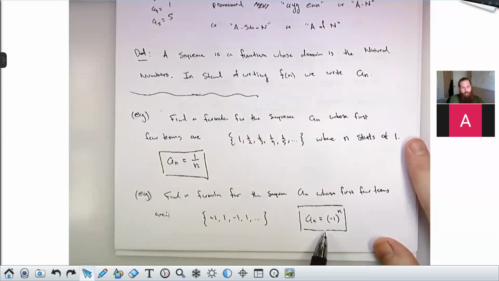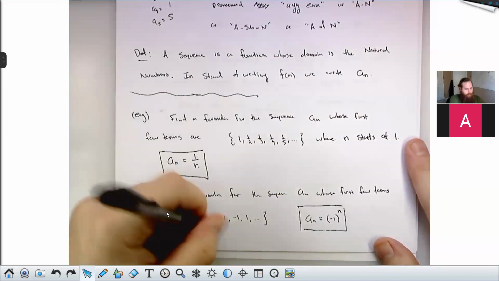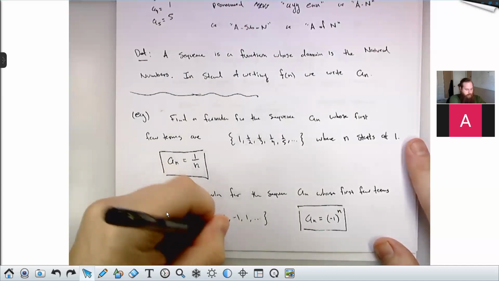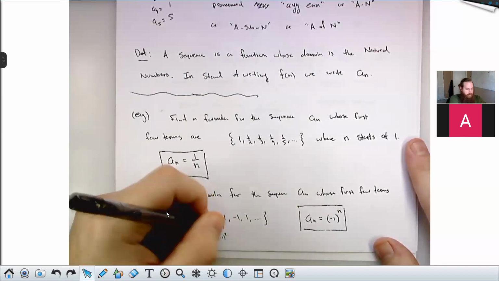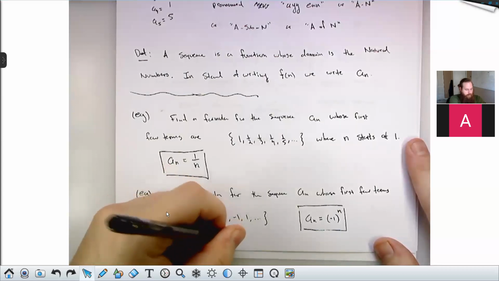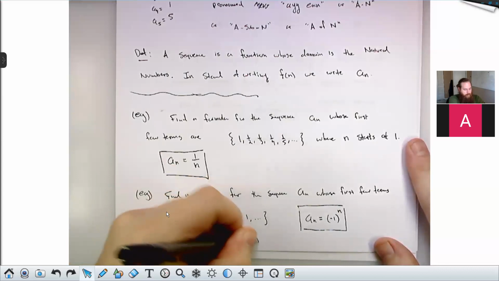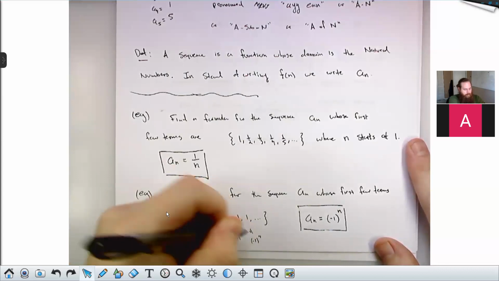So first, the most natural way to do this is -1 to the n, right? -1 to the 1 is -1. -1 squared is +1. -1 cubed is -1. -1 to the 4 is +1 again.